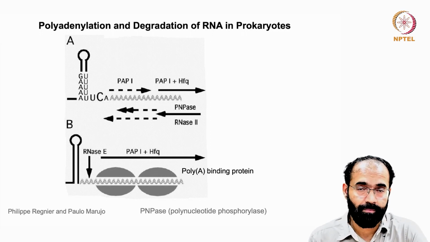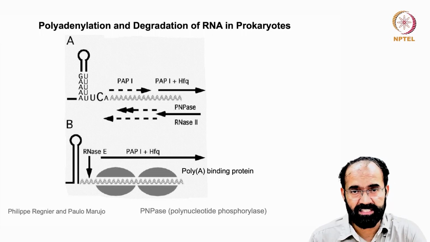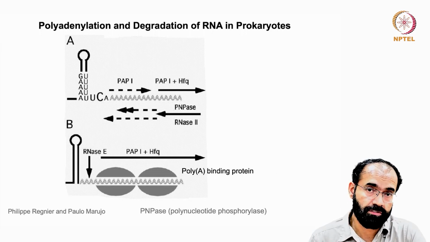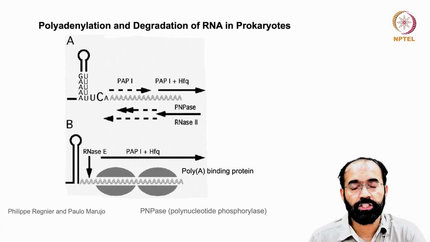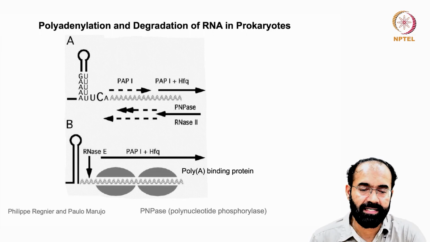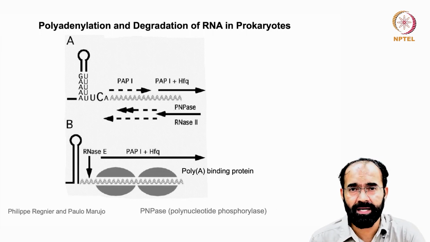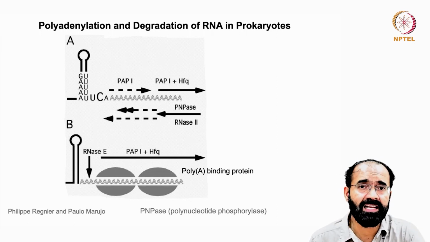Studies show that when HFQ is mutated, degraded or not available, those bacteria have very short poly A tails. So what it indicates is that although poly A polymerase is the functional enzyme, the presence of HFQ helps.